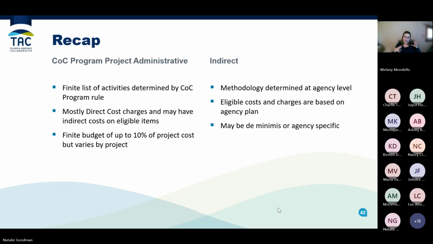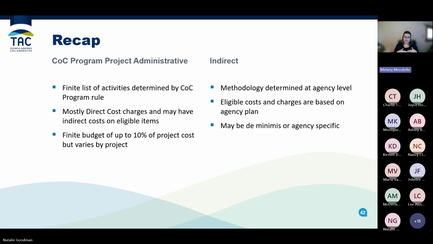So we talked about a lot of the details, but just to sum it up, if you take nothing else away from this, if you're trying to go back to your agency: CoC program project administrative costs are a finite list, clearly defined in the CoC program rule. You're going to have these slides if you want them, that spell it out. It's a direct lift. Mostly the direct costs.